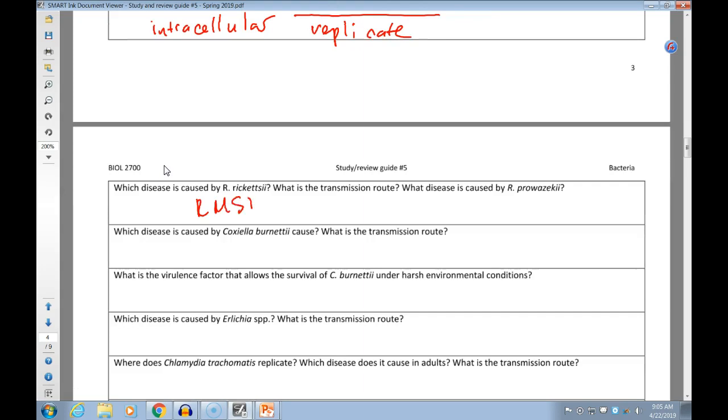Rickettsia rickettsii: Rocky Mountain spotted fever, transmission route ticks. Rickettsia prowazekii: typhus. Coxiella burnetii: Q fever, from animals, mostly domestic.